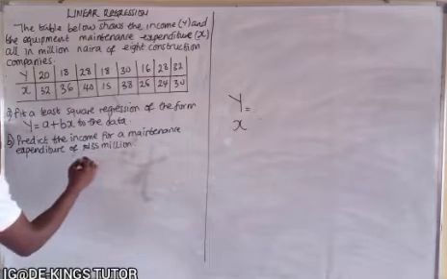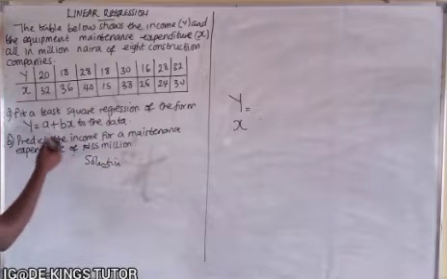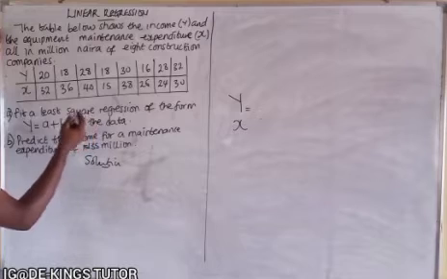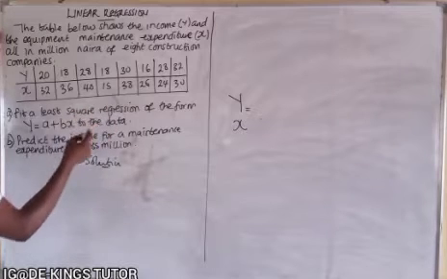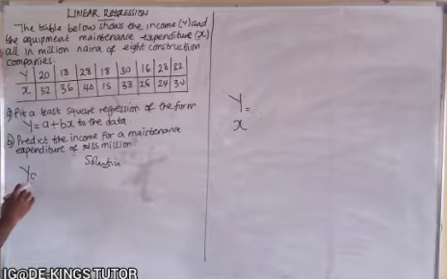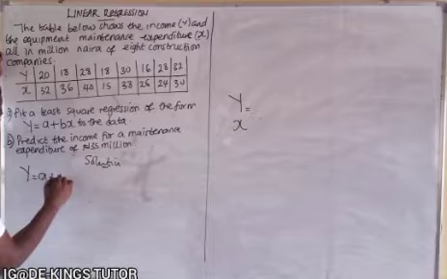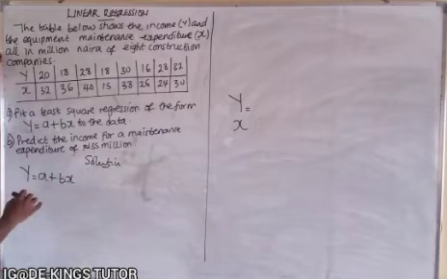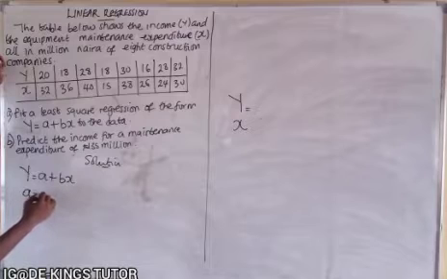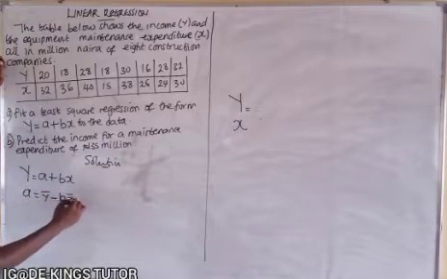Now for the solution, they said we should fit the least square regression. Most times it is called the least square regression of y on x. So this y equals a plus bx is further expatiated as: a is given as mean of y minus b mean of x.